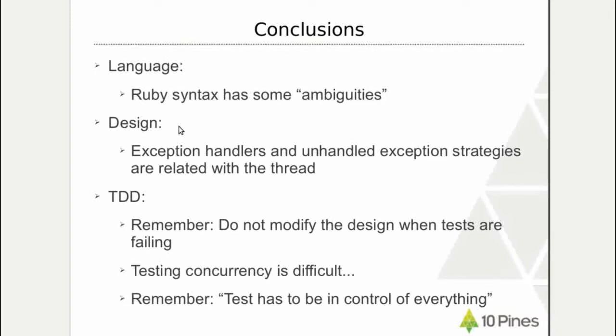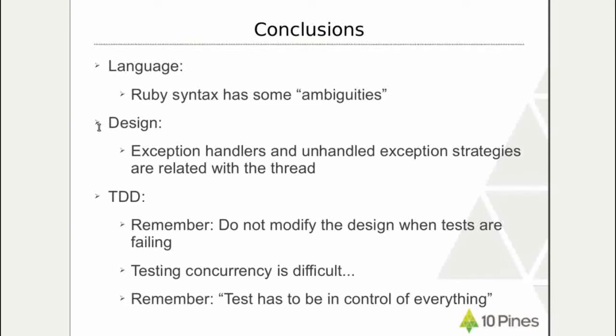So be aware of that. And from the design point of view, we now have exception handlers and the unhandle exception strategy related with the thread. We don't have that in class instance variables anymore.